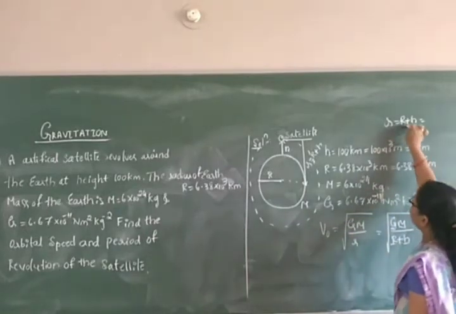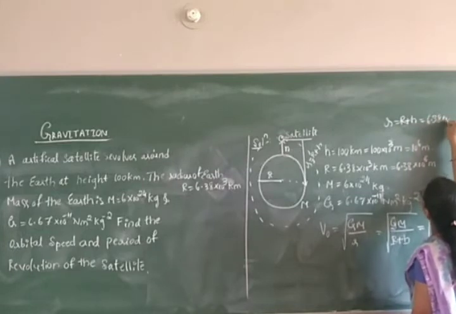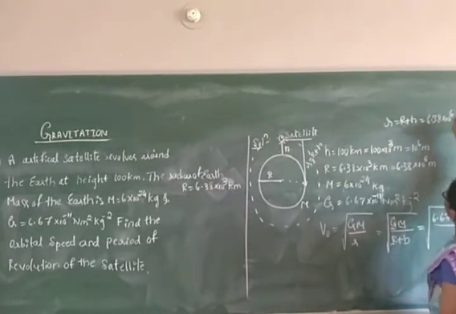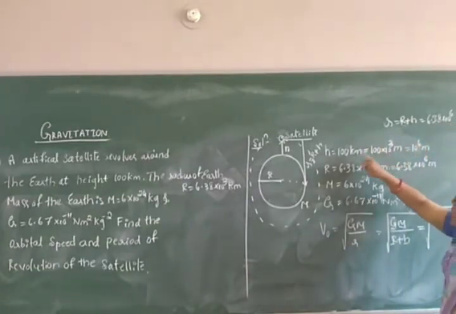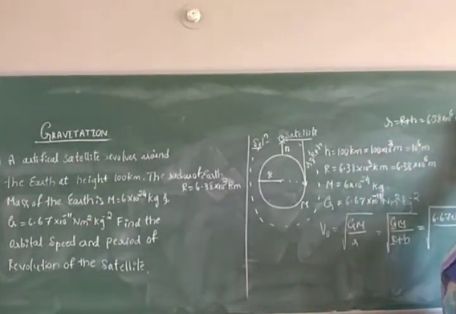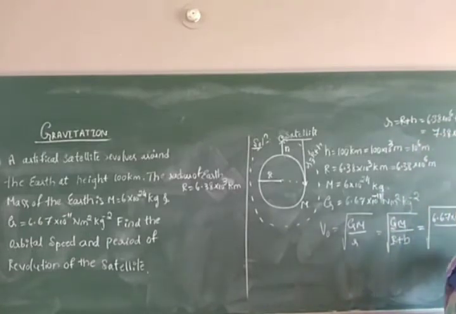R is 6.38 into 10 to the power 6, converted directly from kilometer to meter, and H is 10 to the power 6. What do you get? 7.38 into 10 to the power 6 meter.